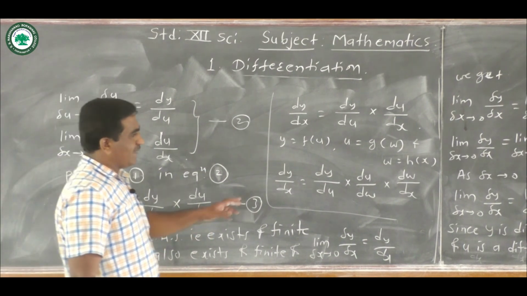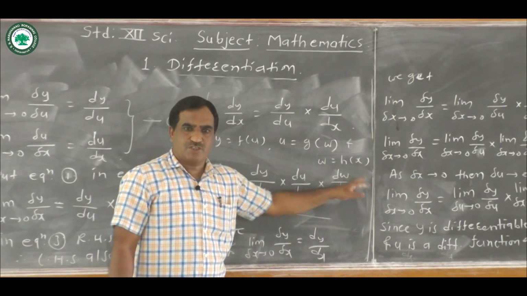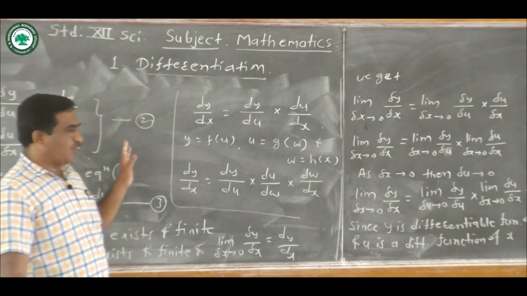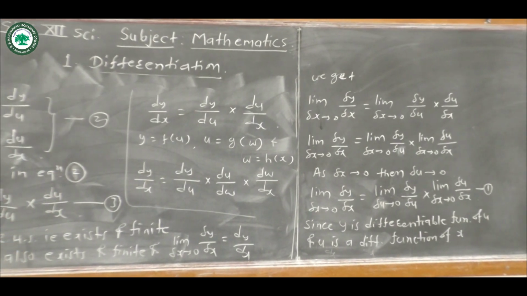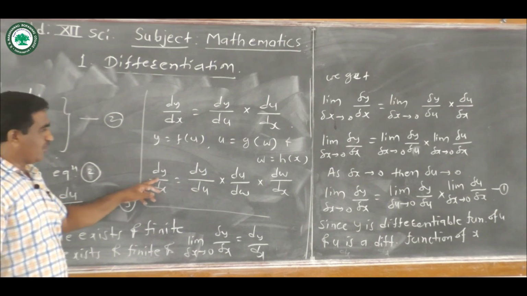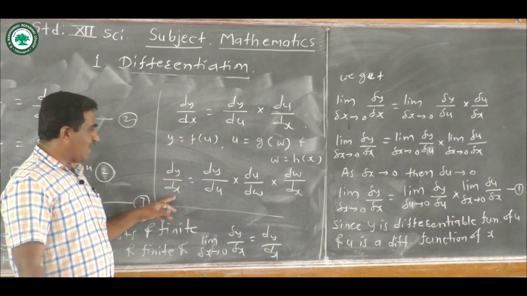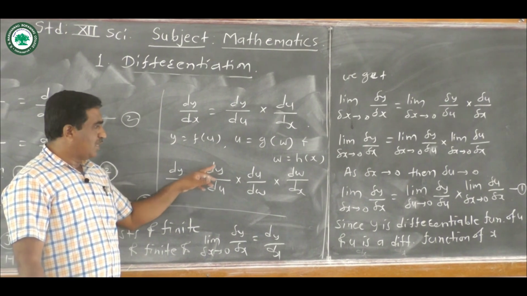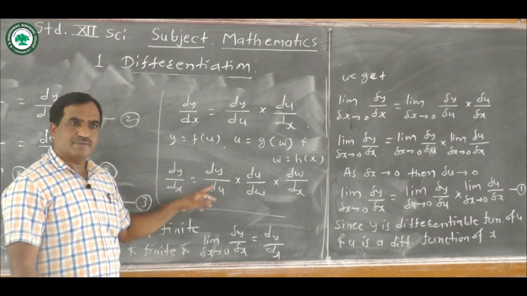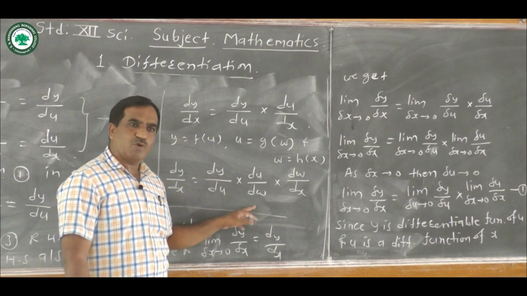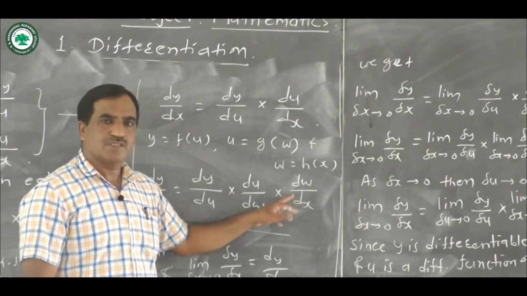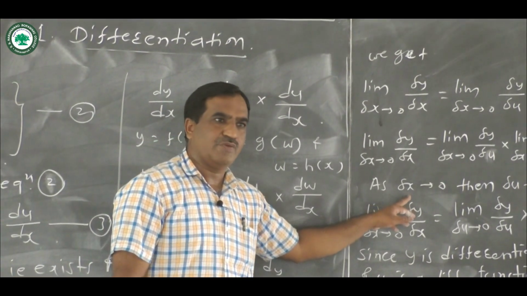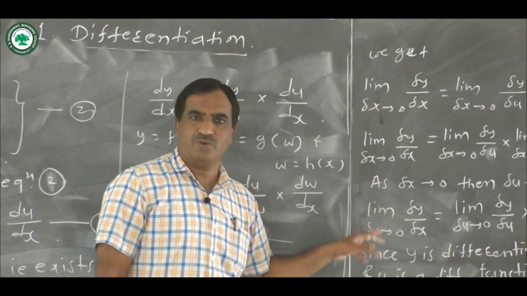Also we can extend this for n functions, that is u1, u2, u3, and so on up to un are functions. Then we can write the chain rule as dy by dx is equal to dy upon du1 into du1 upon du2 into du2 upon du3, and so on up to dun minus 1 upon dun.